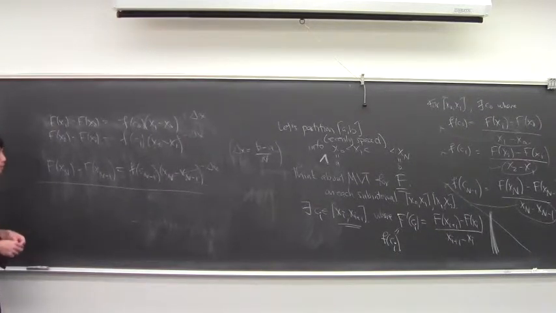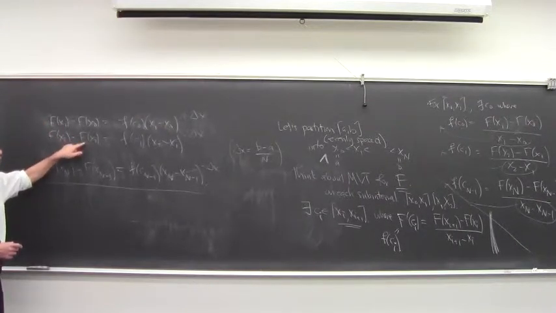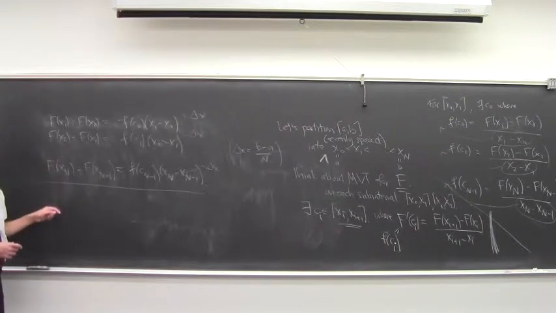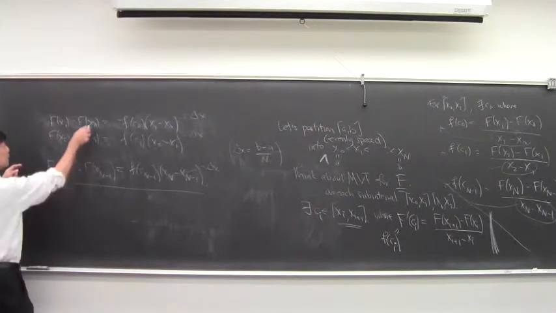So maybe you see how things are going to come together. On the left-hand side, something pleasant happens. f(x_1) is going to cancel with f(x_1) in the next one, so if you add them up, these guys are all going to cancel. Who's left over?